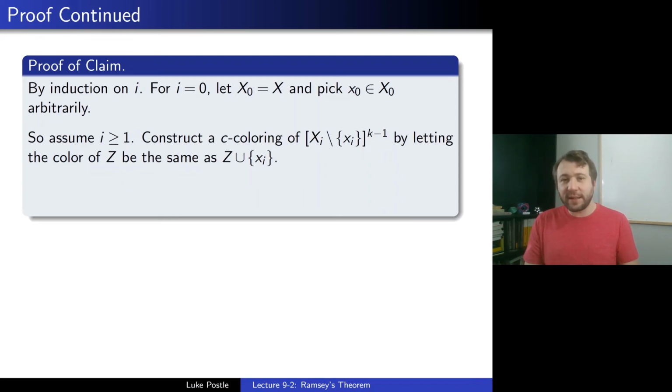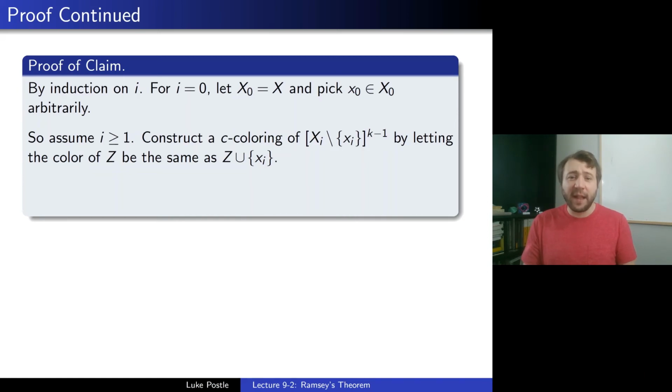So how to get this to work with hypergraphs? Well, we construct a C-coloring of the k-1 subsets of Xi minus little xi by letting the color of a k-1 subset be the same as the color it had when you added in xi. So you can project out xi and get a coloring of these Z's.